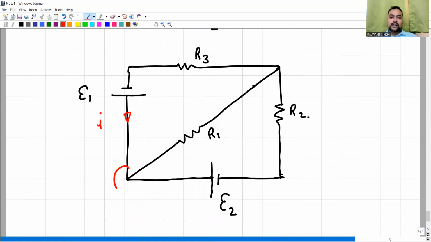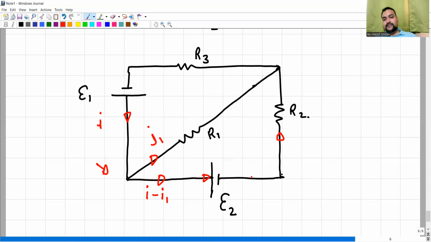Then a part of the current at this junction is getting bifurcated, and a part of this current is going towards R1, that is I1. So I1 current is going towards R1. So what is the current left now? The current that is left over is I minus I1. And this current is entering the cell E2.